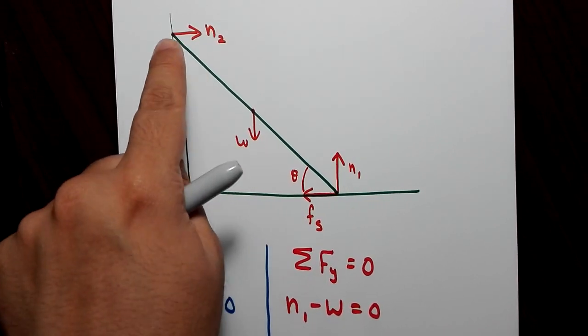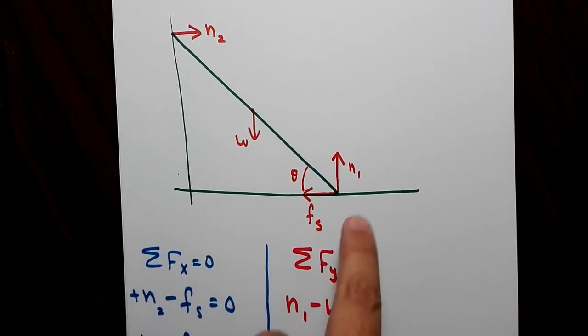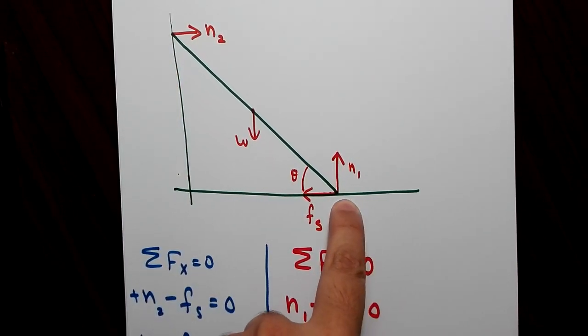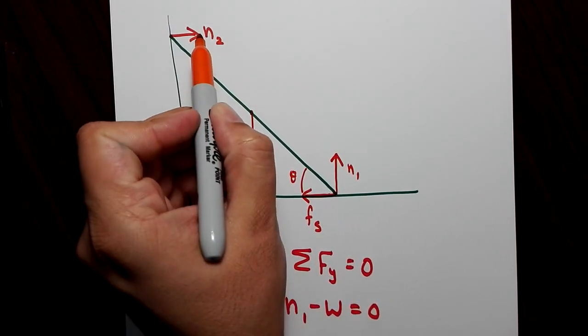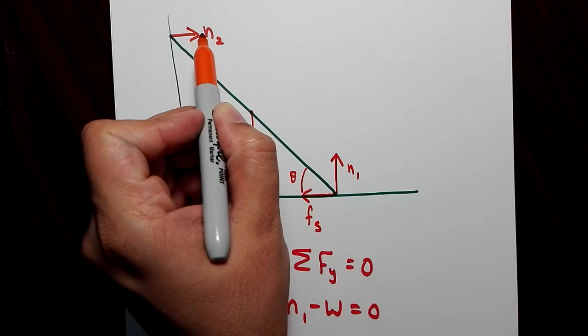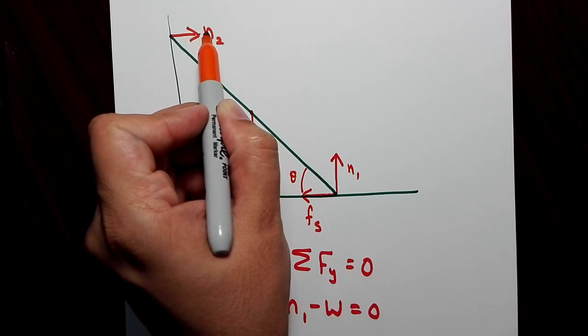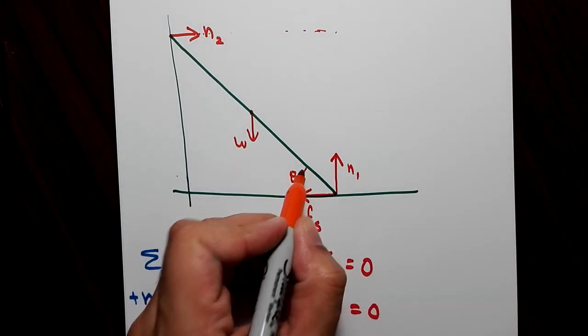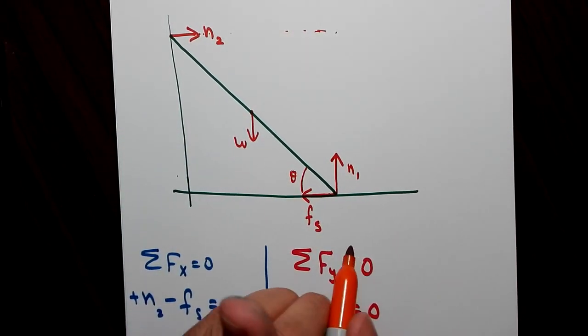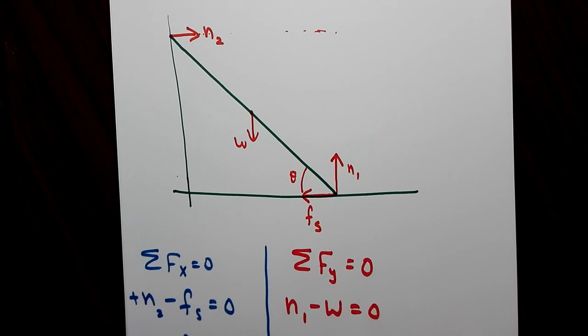If you saw the video where I introduced torque, I discussed two methods. We're going to use the second method, in which we extend the line of action of the force and draw a perpendicular. Even before that, when you want to calculate torque, you have to first decide on a pivot point.